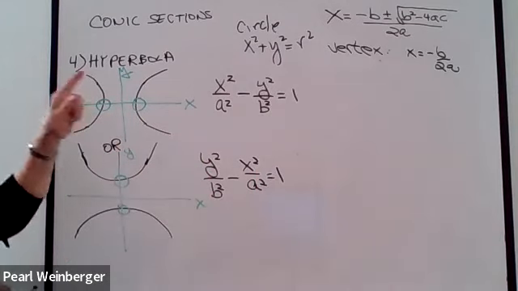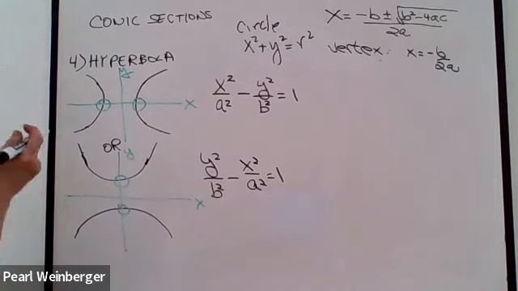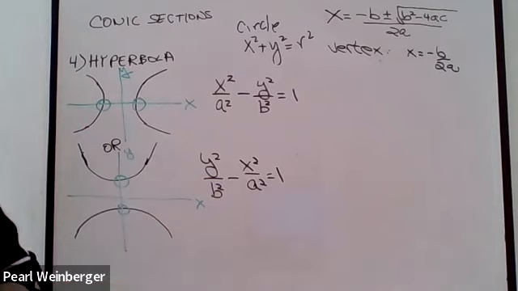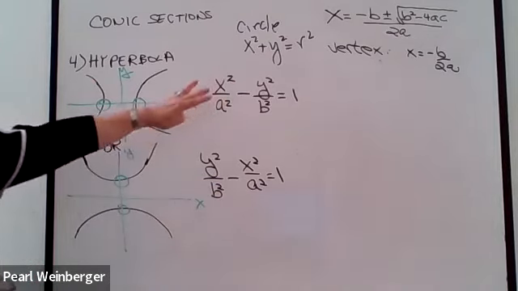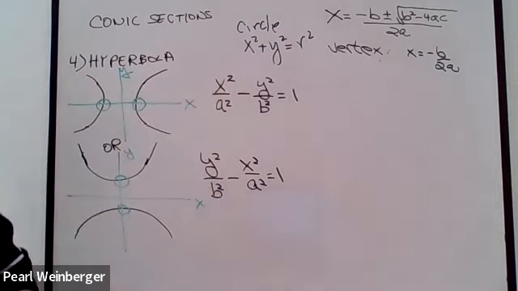Let me mention, because there's a minus in between them, the a and the b could both be ones. It could be as simple as that. The a and the b do not have to be different numbers, because there already is a difference. It can't be a circle because there's a minus in between them.